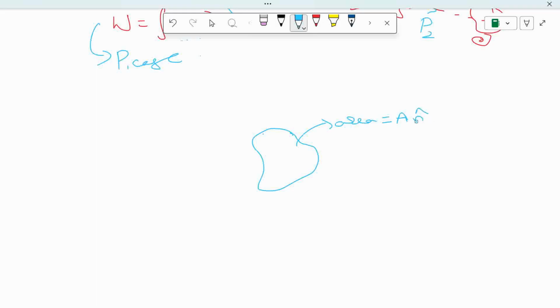N cap is a unit vector along the normal. So this is the surface area. Now imagine that flux lines will go through this surface area. Sorry, magnetic field lines will go through this surface, like this, perpendicularly.